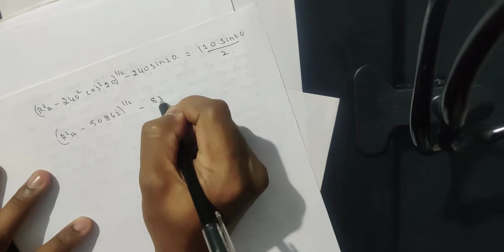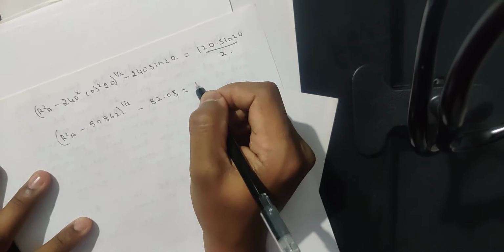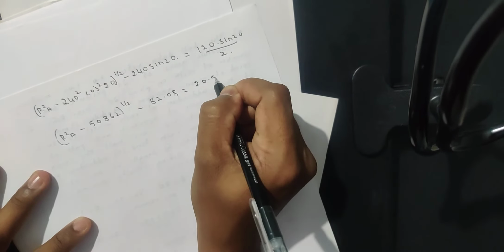How to solve this equation? Just shift the other sign terms to that side, then the root term remains. Shifting the root term to the other side, we write down the values: RA square minus, solving this, I get 50862, this is the root parameter, minus 82.08 should be equal to 20.52.